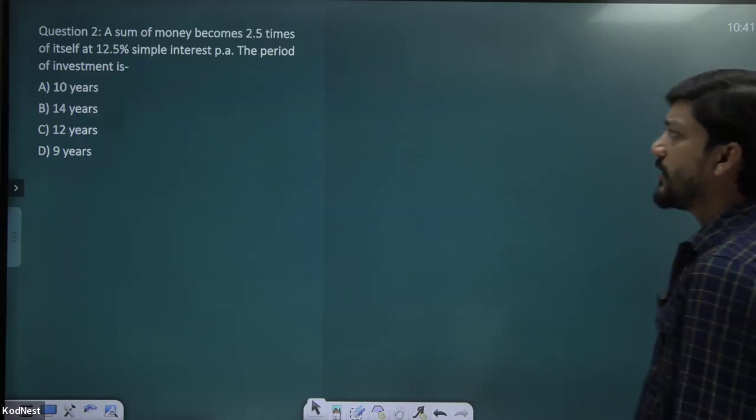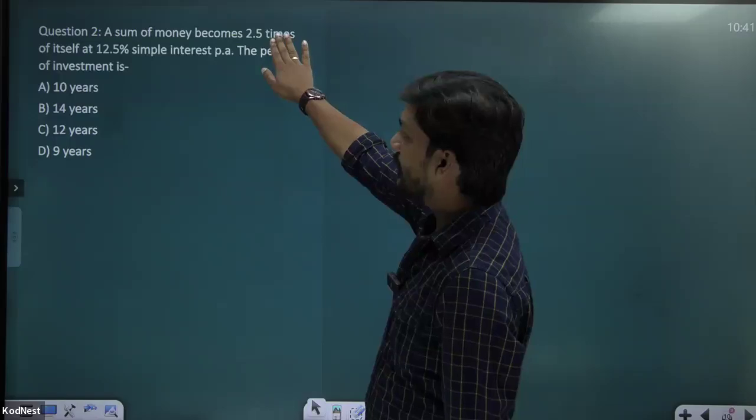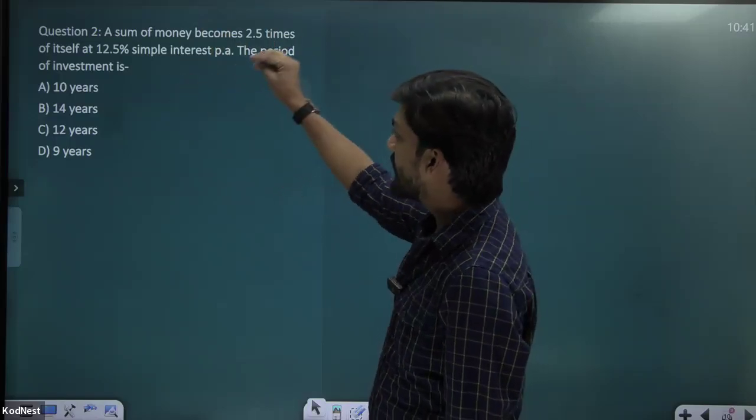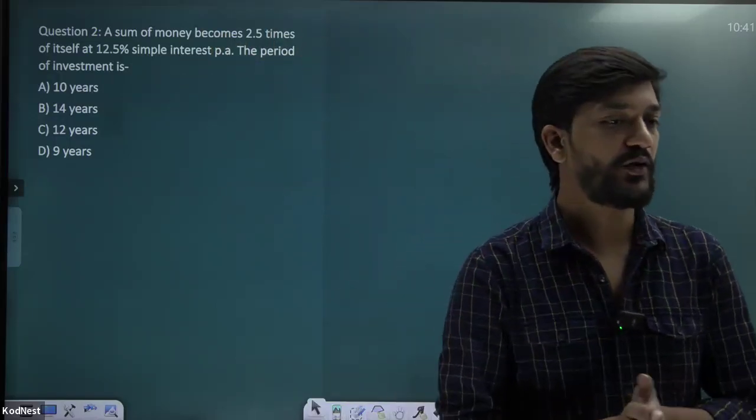A sum of money, how much we don't know, but it will become 2.5 times at 12.5 interest. The period of investment is, carefully observe.